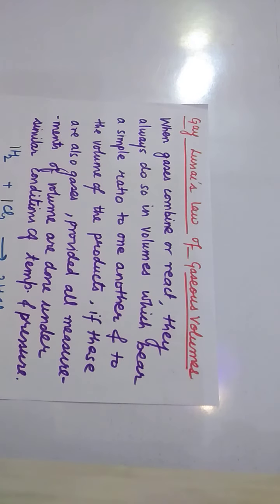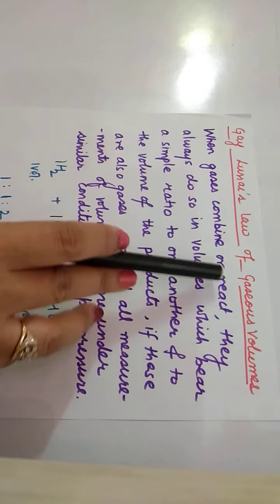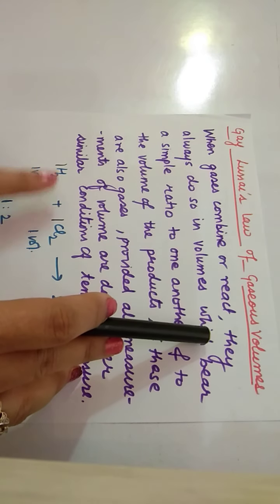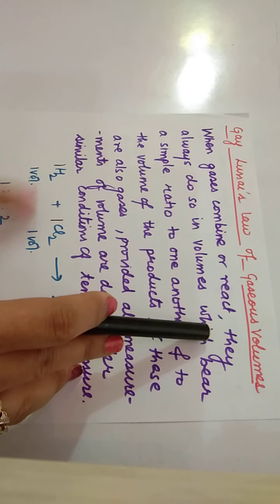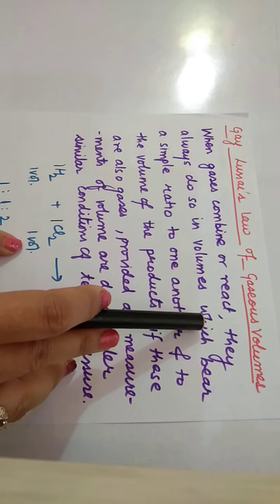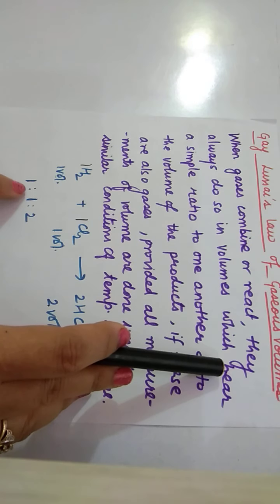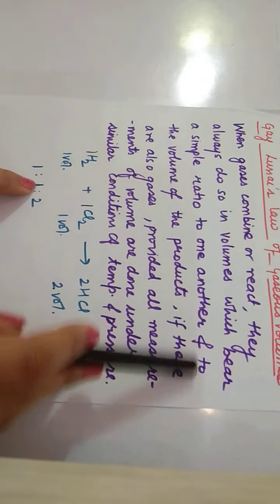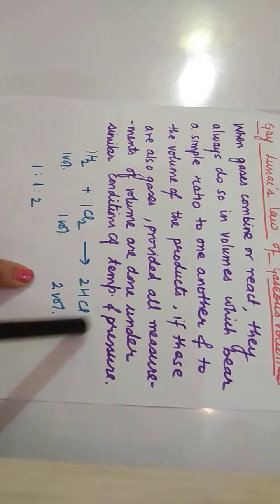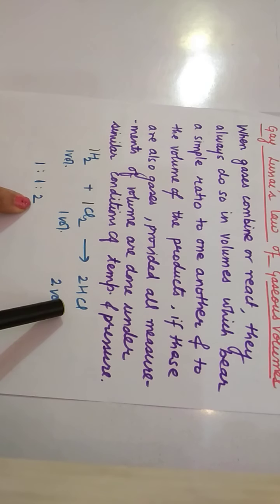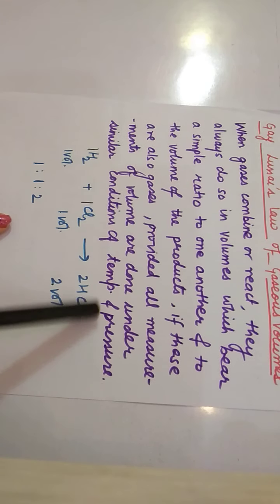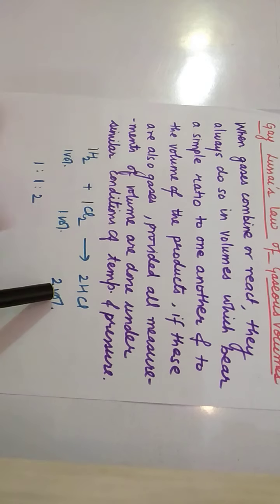So what does this law illustrate? When gases combine or react, they always do so in volumes which bear a simple ratio to one another, that is 1:1, and to the volume of the product if the product formed is also a gas.